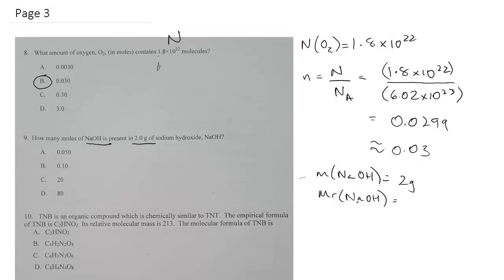So we know the molar mass of sodium, oxygen and hydrogen, 23 plus 16 plus 1, which is 40 gram per mole. And then we can just work out the mole of sodium hydroxide, which is the mass divided by the molar mass. So 2 divided by 40, which happens to be 0.05. So 0.05 mole. So it is option A.